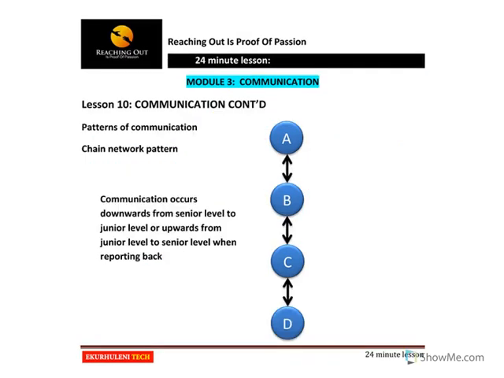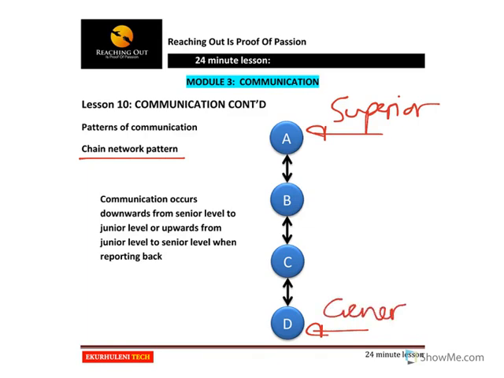The next type of communication is called the chain network pattern. What happens in a chain network pattern? This one you are familiar with. The lowest person here is the person who's lower in rank, and the highest person is the person who's higher in rank. It can be the superior here or the supervisor. And the lowest person can be a general worker.